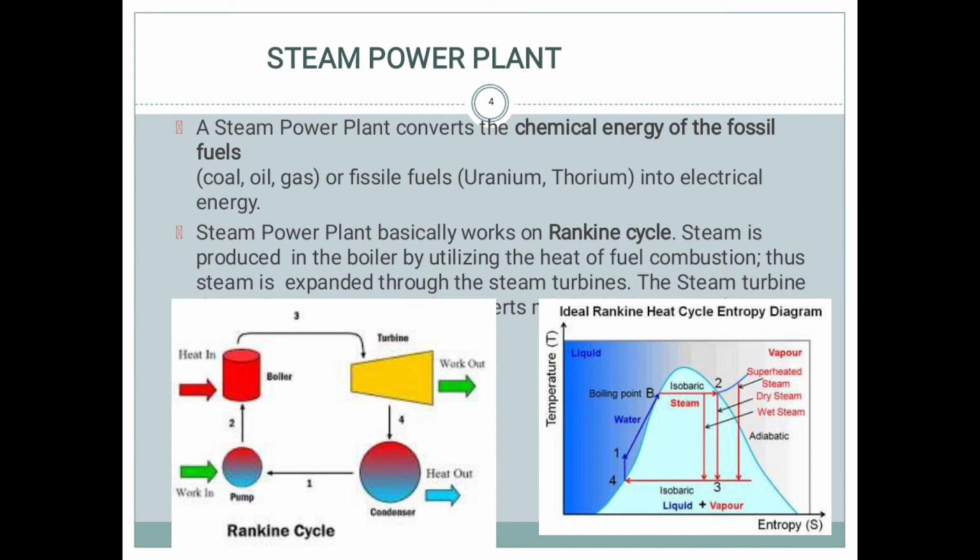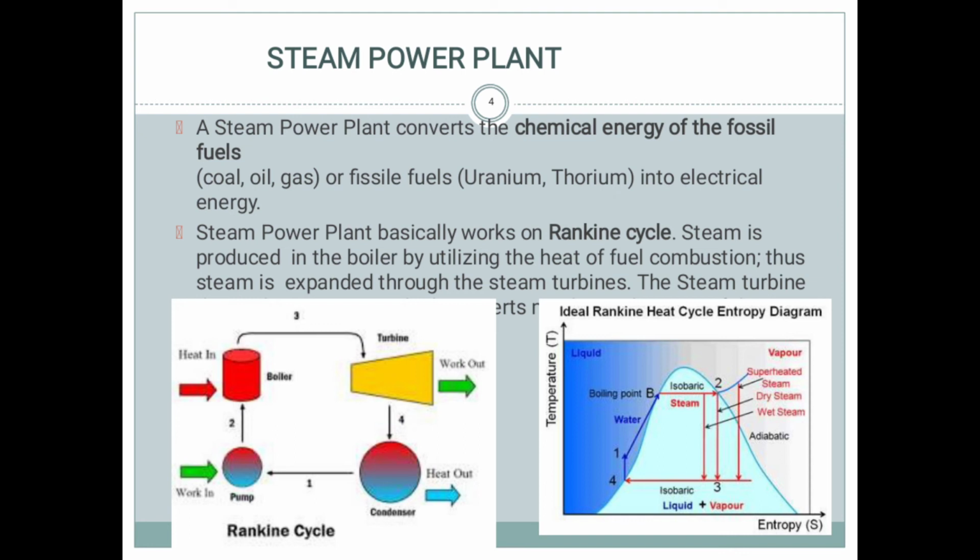The cycle keeps repeating, and now you have to see the temperature versus entropy diagram. Here, the saturated liquid and saturated vapor curves of the dome meet at one point. That point is called the critical point.